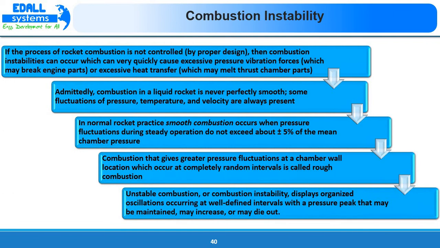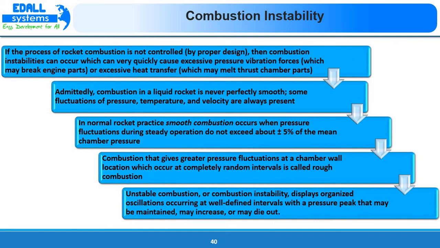None of the systems work at 100% of capacity, and there are always some limitations, or there is always a 0.001% chance of the system not working appropriately as designed. So even the combustion process in the rocket propulsion system can face instability.